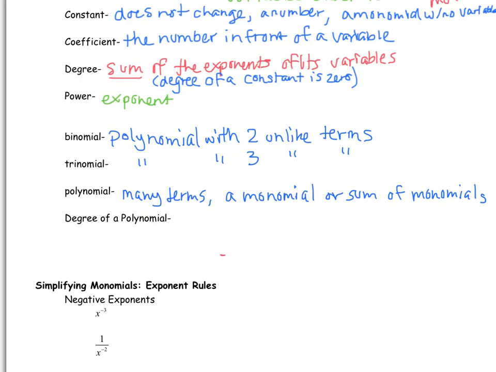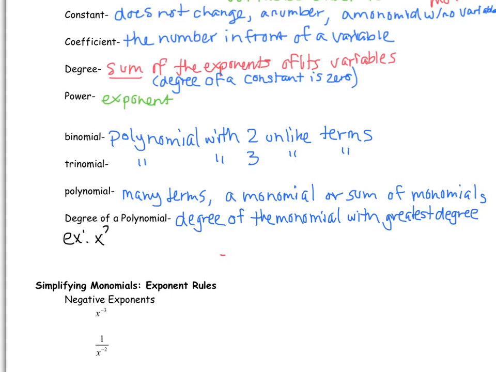When we talk about finding the degree of a polynomial as a whole, we want to find the degree of the monomial with the greatest degree. I'll show you an example. If I gave you a problem that started off with x squared y to the fifth plus x to the third minus y to the fourth, we could find the degree of each term.